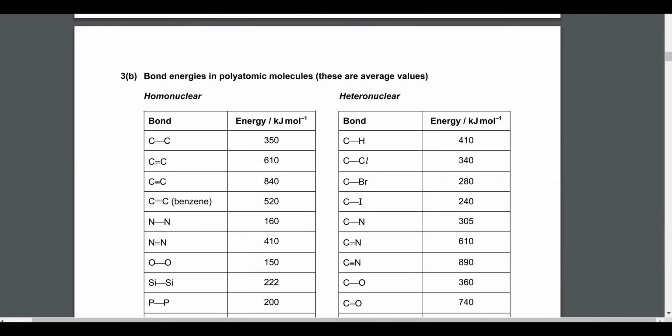These are large molecules. Now the problem with large molecules is they've said that these are average values, because if a molecule is very large, then it has all sorts of things happening to it. For example, if I have a methanol molecule or an ethanol molecule, well, let me draw a methanol molecule.